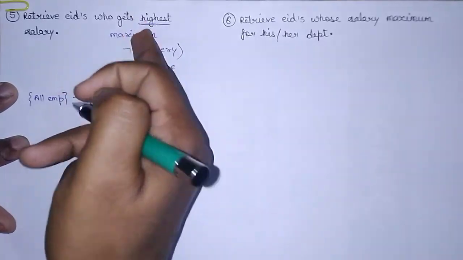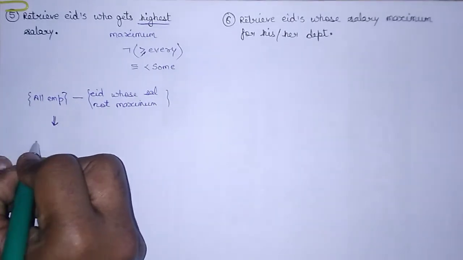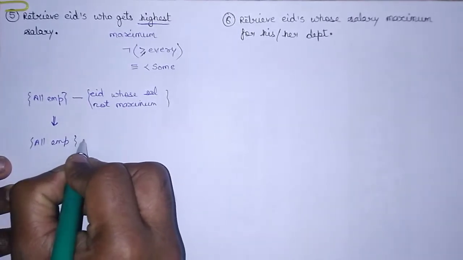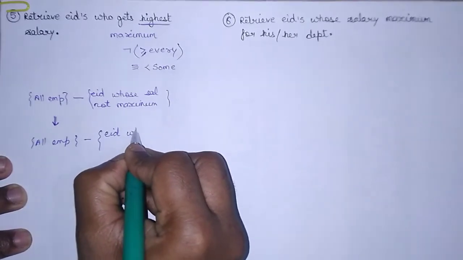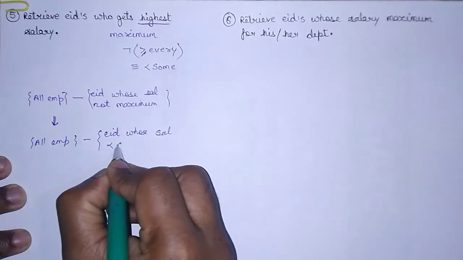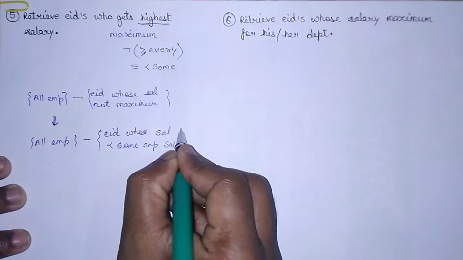Here we are talking about the maximum, so we have to find out the not maximum, subtract from all the employees, then we will be getting the highest salary. We can also write it like all employee and subtract the employee ID whose salary is less than some employee salary.